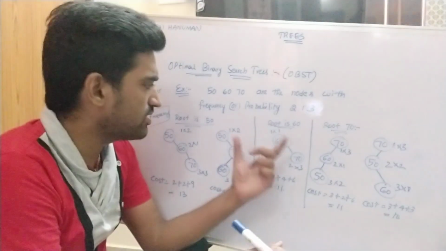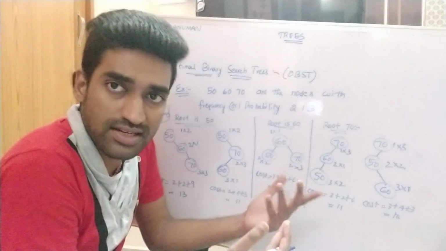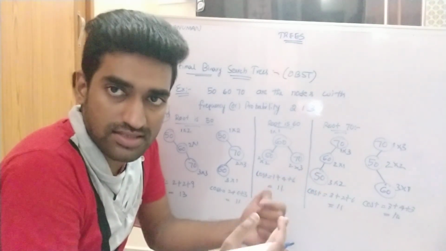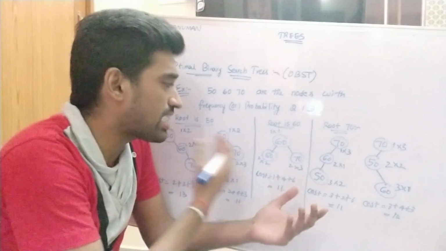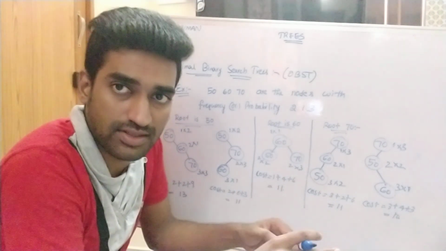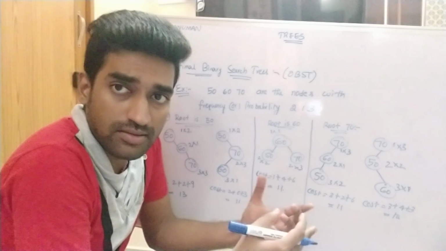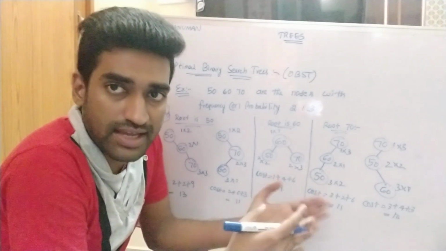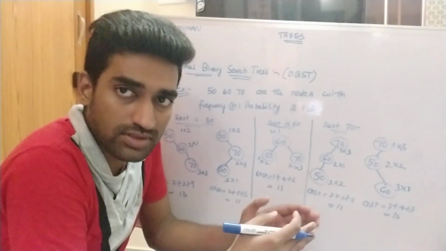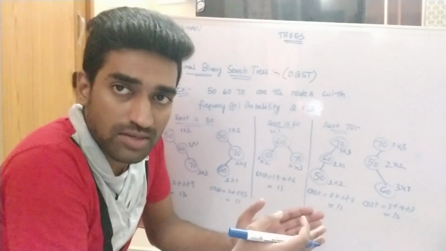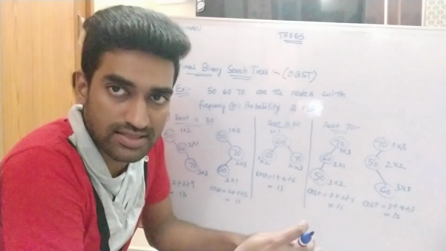For 3, this process is enough. For suppose 4, the number of binary search trees increases, and it is very difficult to generate every binary search tree and calculate the cost of each one. To avoid such situations, we use a problem solving strategy, that is dynamic programming. In the next class, we will discuss how to apply the dynamic programming strategy to binary search trees for finding the optimal binary search trees.